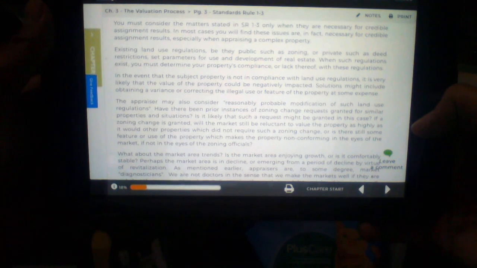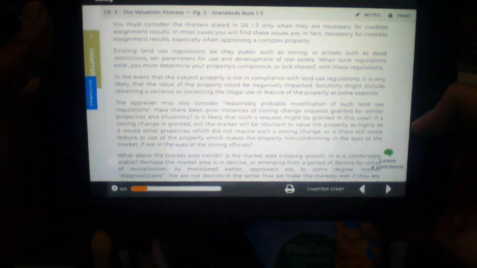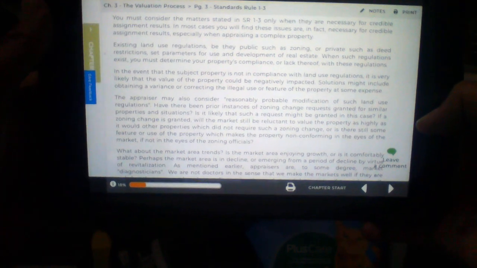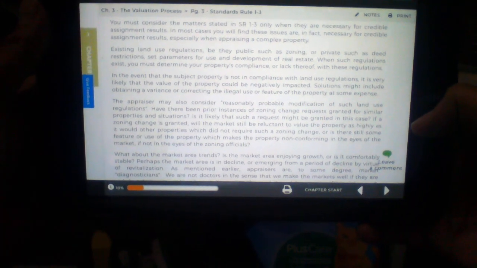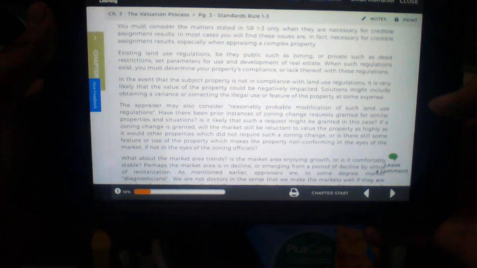You must consider the matters stated in SR 1-3 only when they are necessary for credible assignment results. In most cases, you will find these issues are in fact necessary for credible assignment results, especially when appraising a complex property.